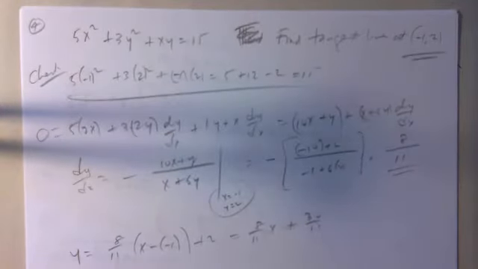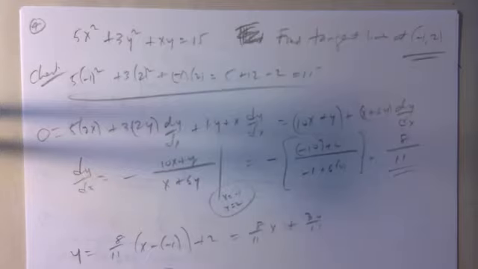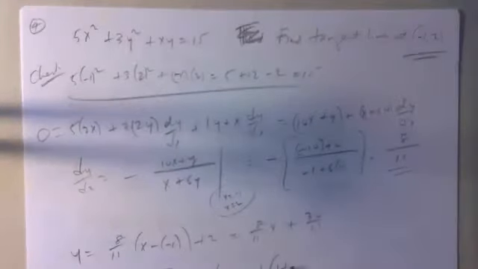Problem 5, we have w is the square root of 1 plus z times e to the z. So dw dz, we have to use the chain rule. Is this expression to the power 1/2. So that's 1/2, 1 plus z e to the z to the minus 1/2 times the derivative of 1 plus z e to the z. Derivative of 1 is 0.